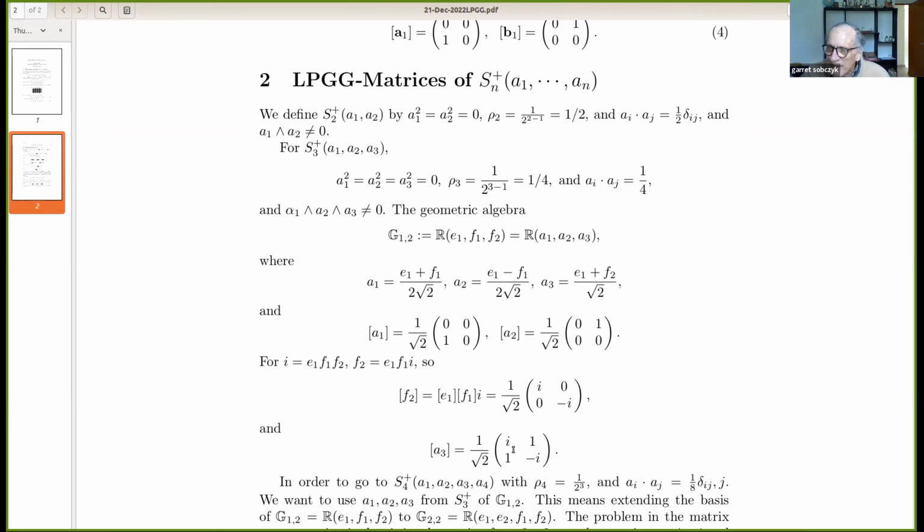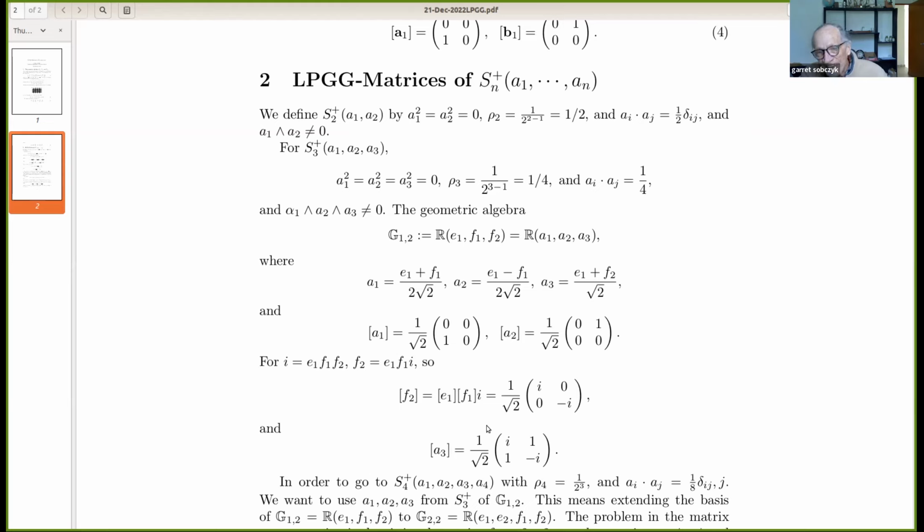I've never seen this matrix before, but I think it is interesting. If you square that matrix, it's a nilpotent. It's very easy to calculate that this matrix squared is equal to 0. Well, that's what we said. We said that A3 had to be a nilpotent.